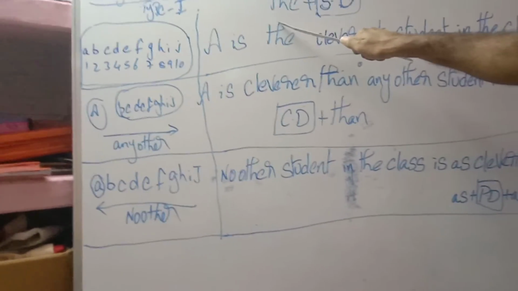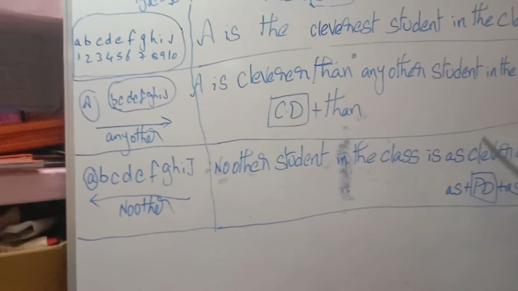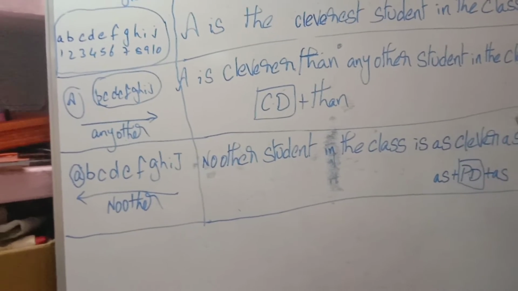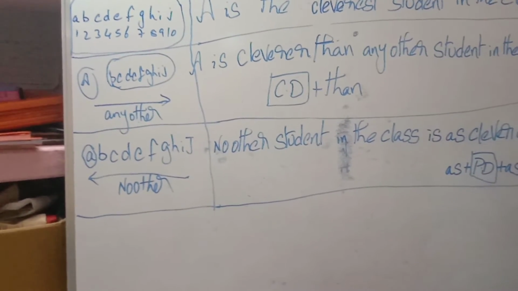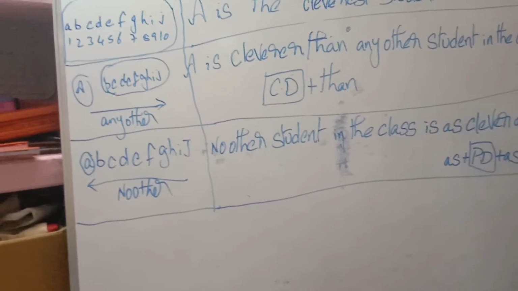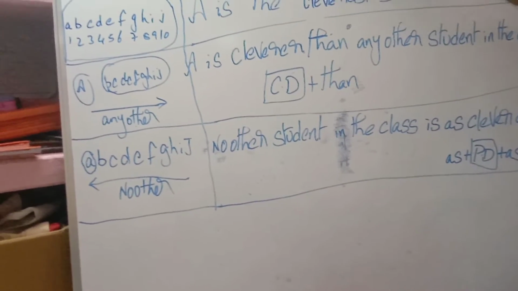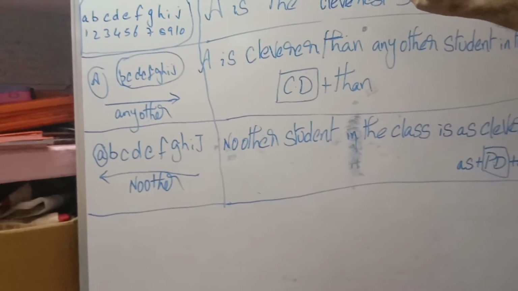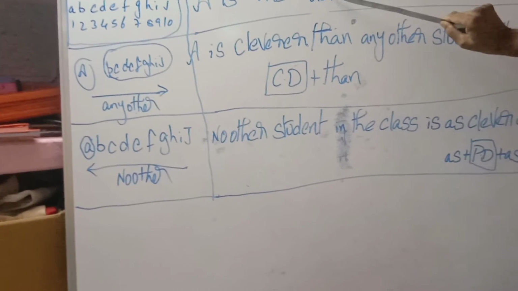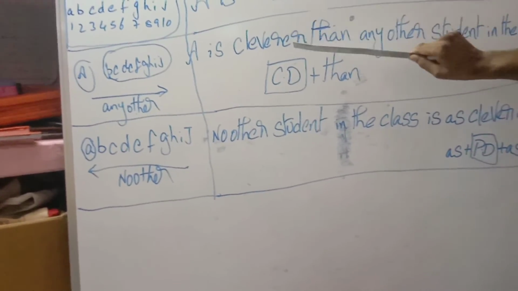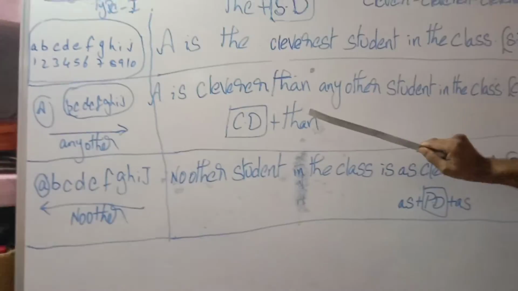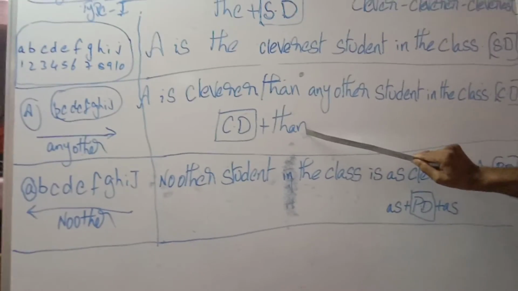Superlative degree, before it THE. Positive degree, as. In some cases, so as. In front of the superlative degree, we have to use THE. After the comparative degree, we have to use THAN. This is mandatory.